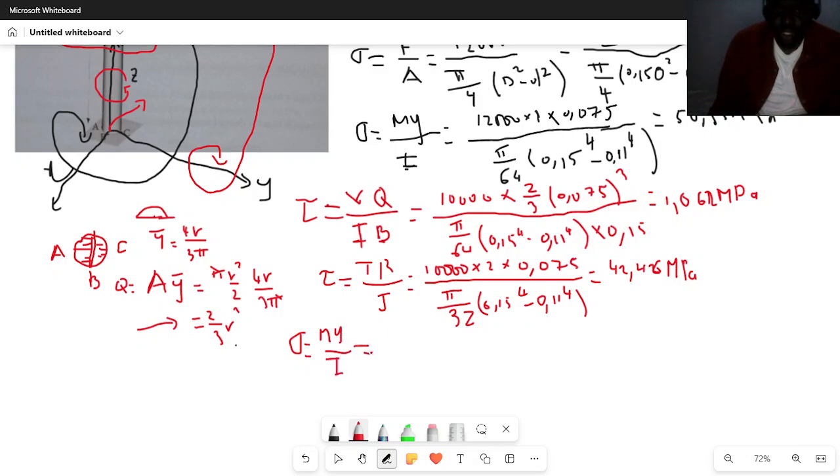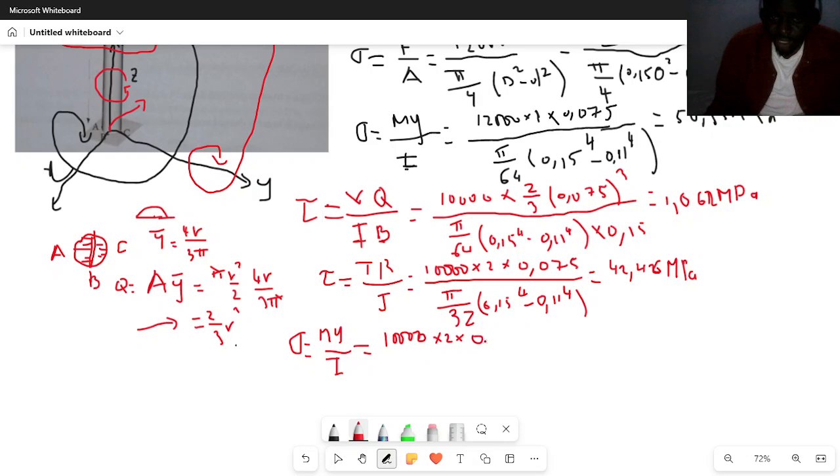Now, the force is 10,000. The perpendicular distance is 2 as well, times y here. Remember what we do, we take the radius of the big circle.